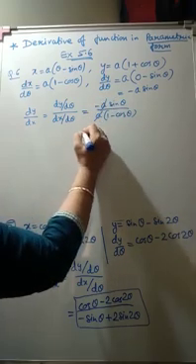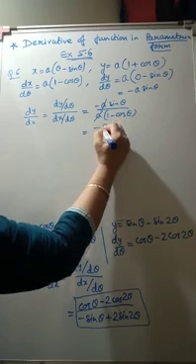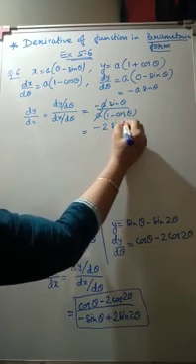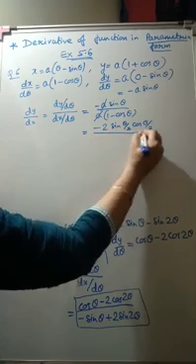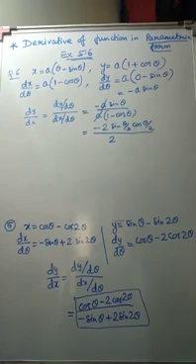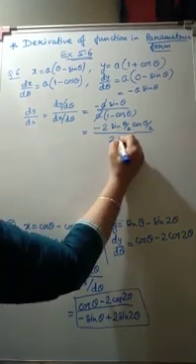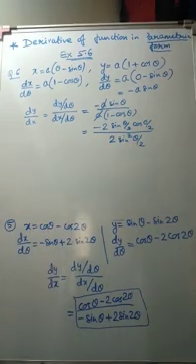A cancels. Here we can do it further. Sine theta is 2 sine theta by 2 cos theta by 2, and 1 minus cos theta is 2 sine square theta by 2.